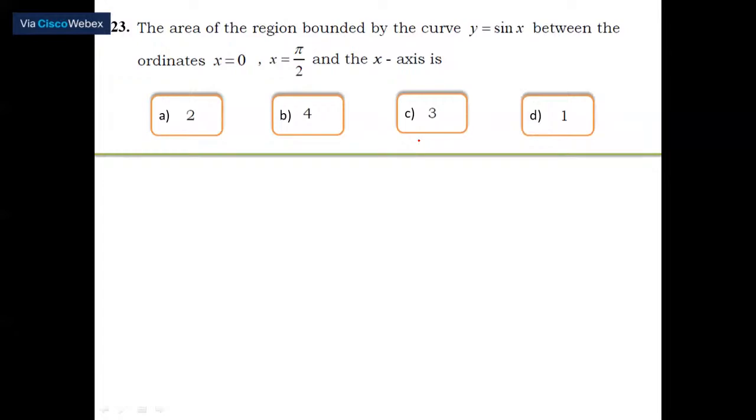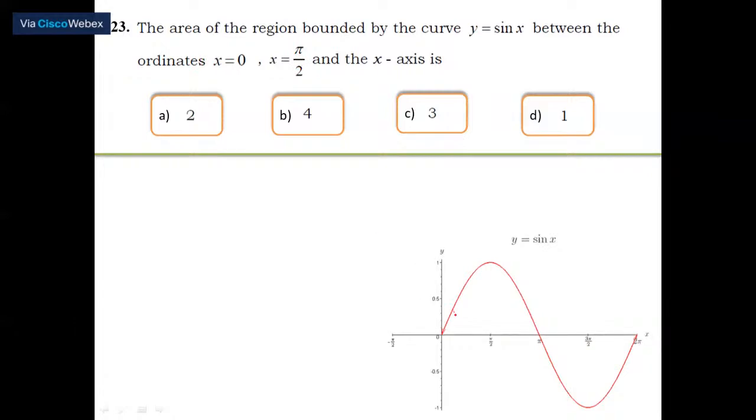For this one, what is the answer? Here we have to find the area bounded by the curve y is sine x, where x varies from 0 to pi by 2. Very good, Shreya. Your answer is correct.